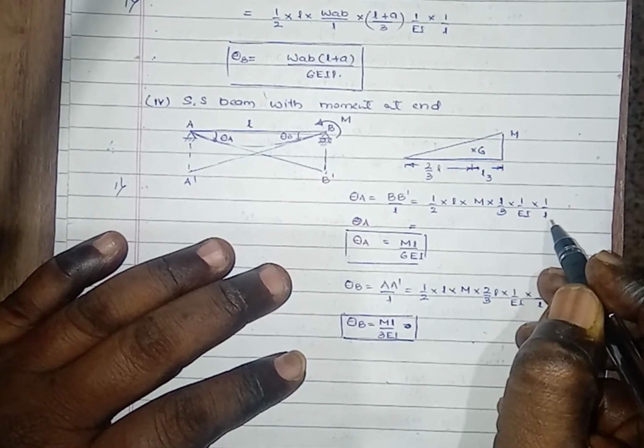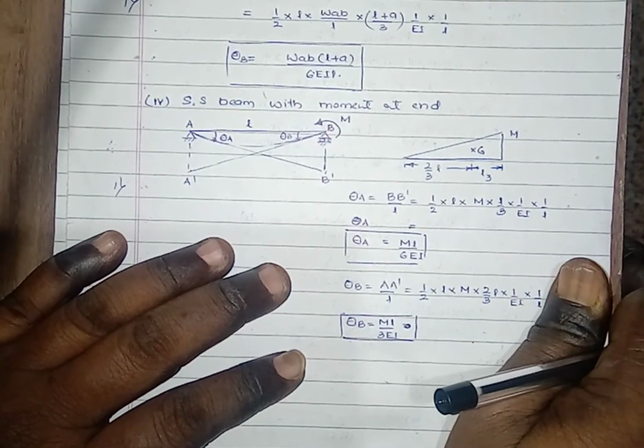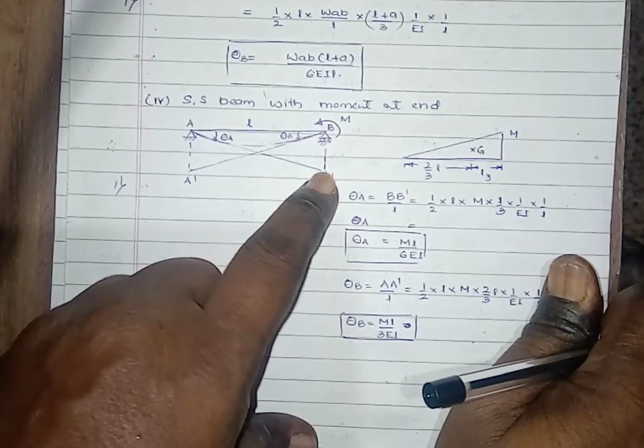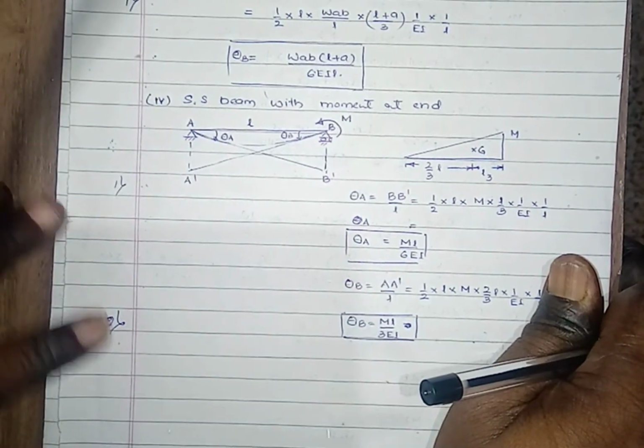You will get BB dash divided by L, that is theta A equals ML by 6 EI.